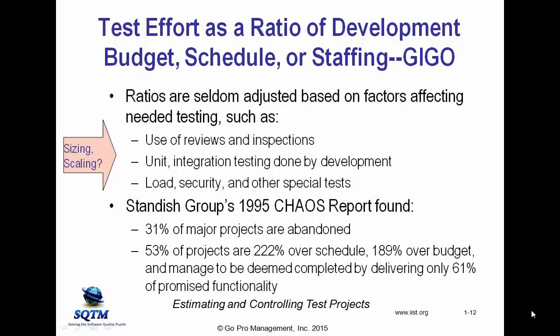So is the development estimate at all relevant to accurately predicting anything? Probably not. Developers don't estimate their development accurately. A percentage of a wrong development estimate is going to be wrong for testing.